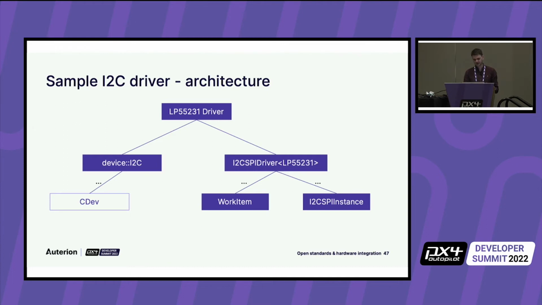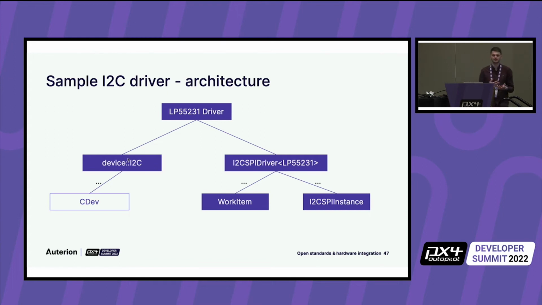This is basically the class inheritance structure for any I2C device that you have in PX4. And it has basically 2 parents. One of them is device I2C, and the other one is I2CSPIDriver, the template of this class here. The left part is really about the hardware.